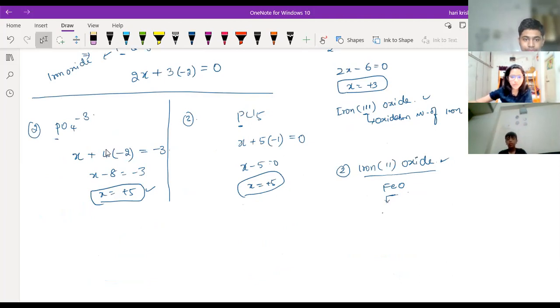We don't know the iron oxidation state, so we'll take it as X. Each oxygen will show -2 only, right? So 1 into -2 is equal to -2. Neutral compound means 0. So X minus 2 equal to 0, X equal to +2. Understand now?